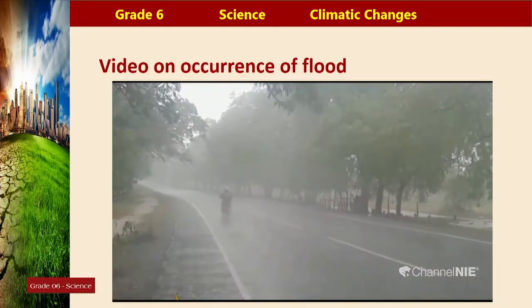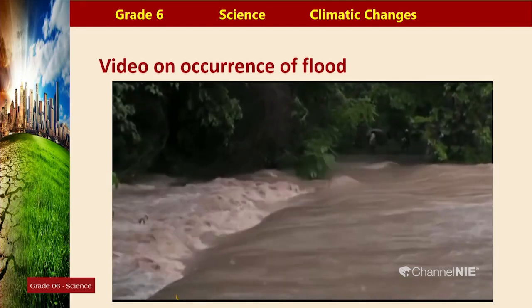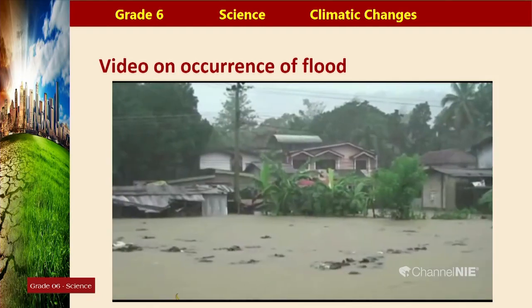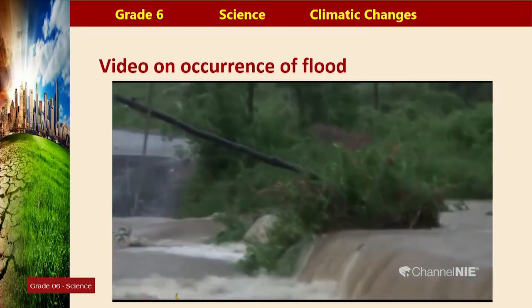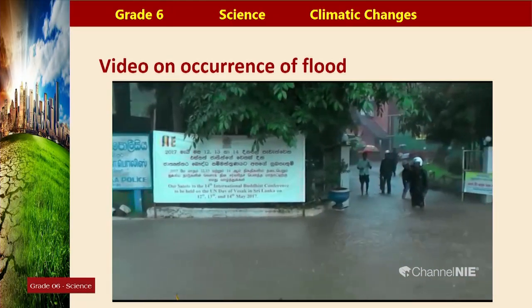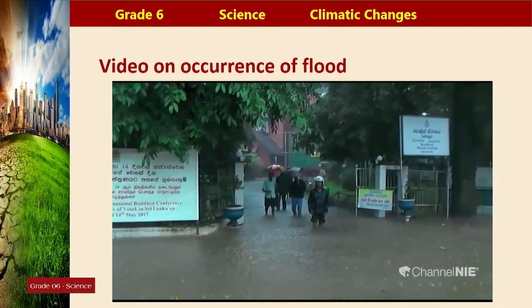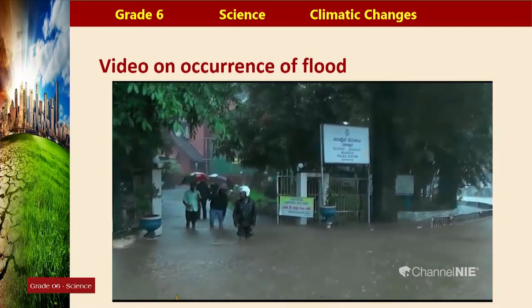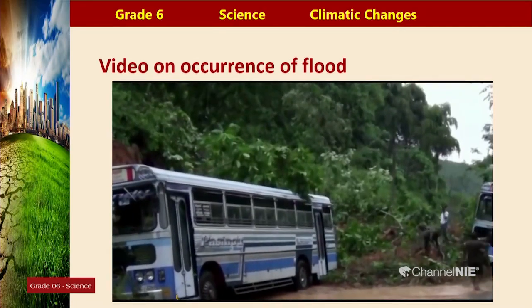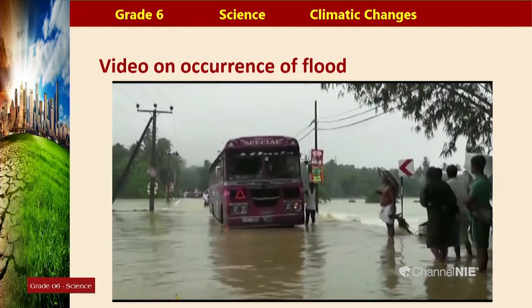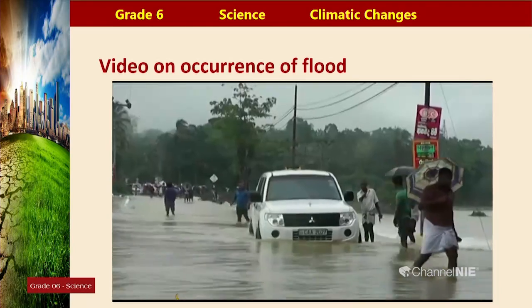A heavy rain can cause flood. You can see, due to heavy rainfall, all the land areas are inundated with water, and people, all the houses, drainages, everything overflow. These floods are more common in town areas due to blocking of drains.